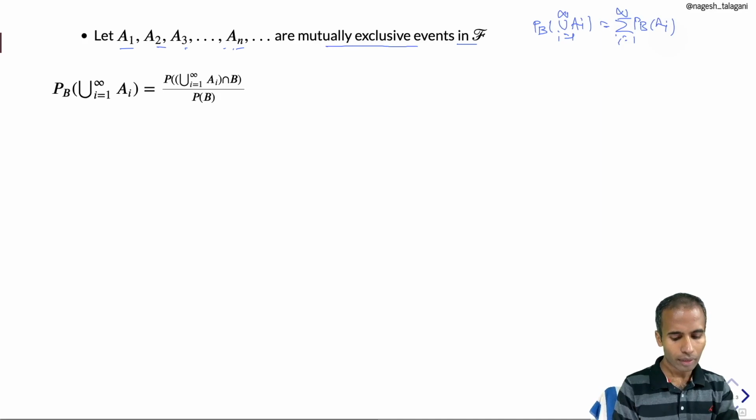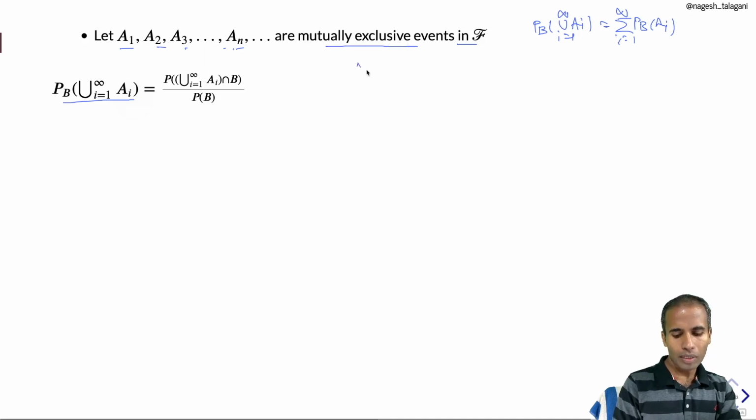Here, let us start with P_B of the union over i from 1 to infinity of A_i. According to the updating rule, this is going to be P of the union over i from 1 to infinity of A_i intersecting with B, divided by P(B).